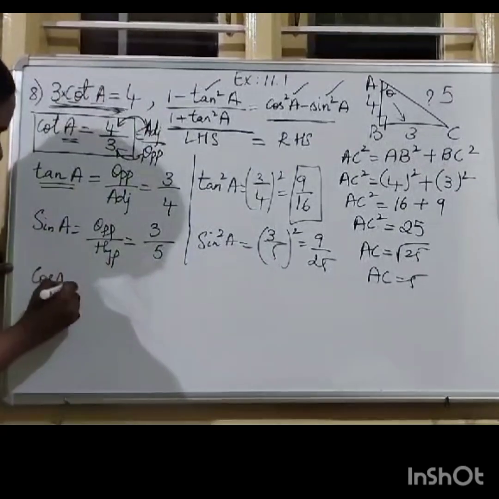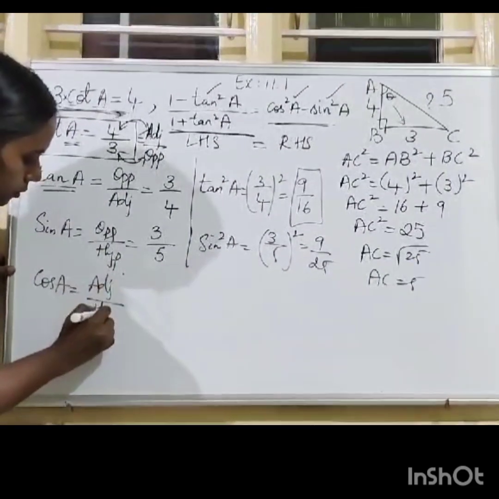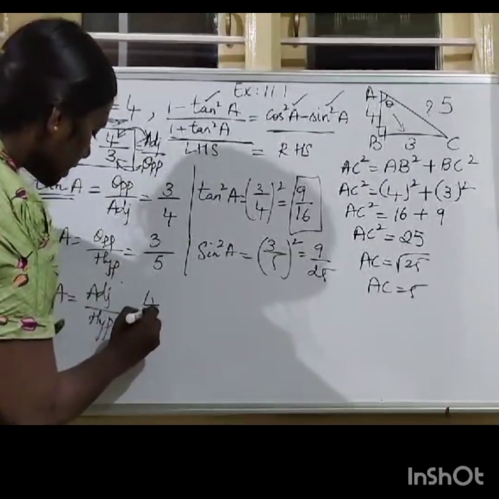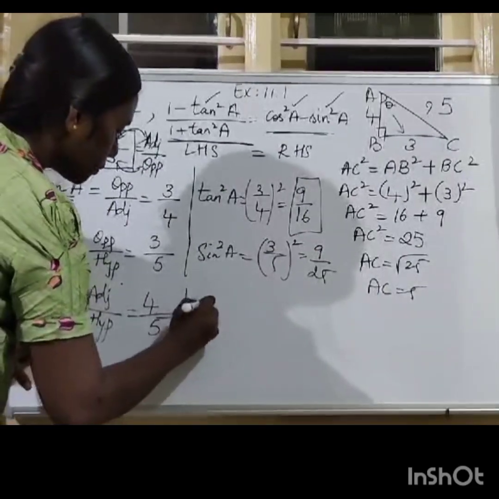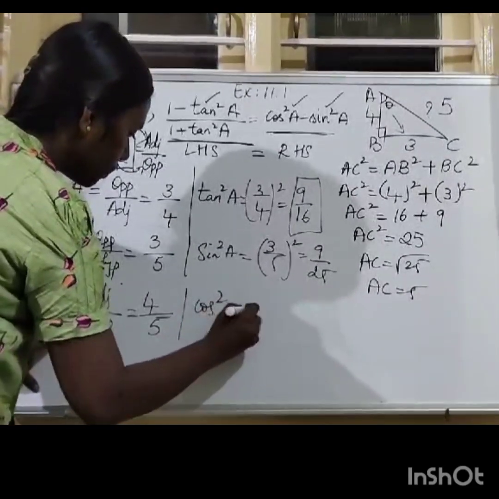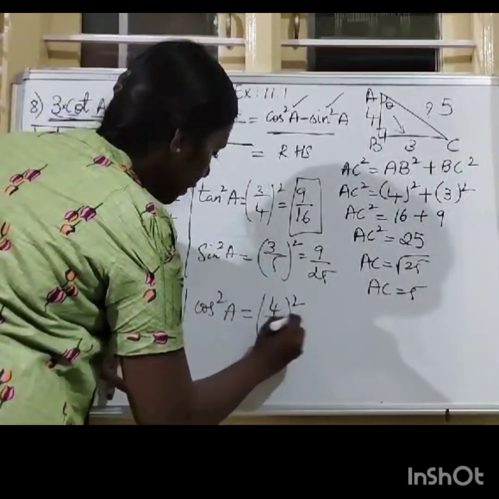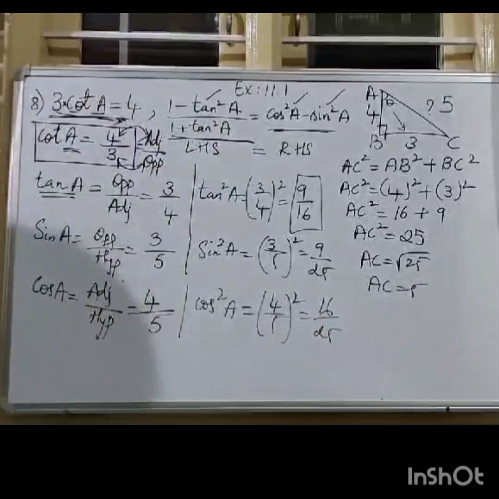Next, cos A, adjacent by hypotenuse. Adjacent is 4 and hypotenuse is 5. Cos square A will be square of 4 by 5, which is 16 by 25.